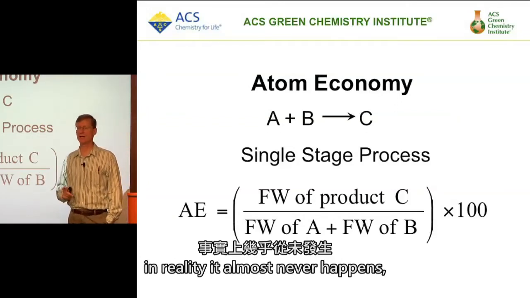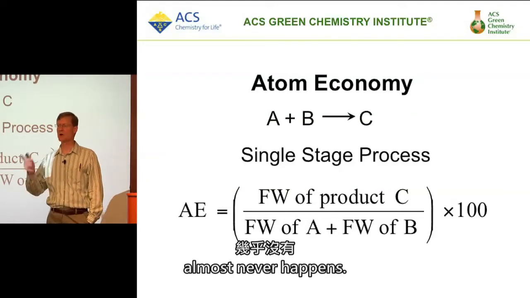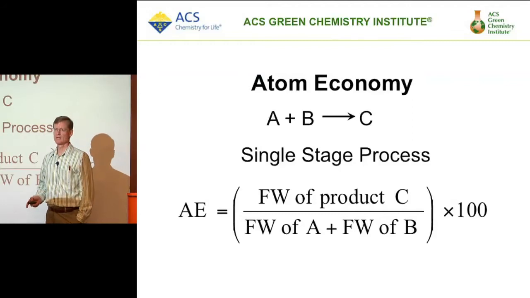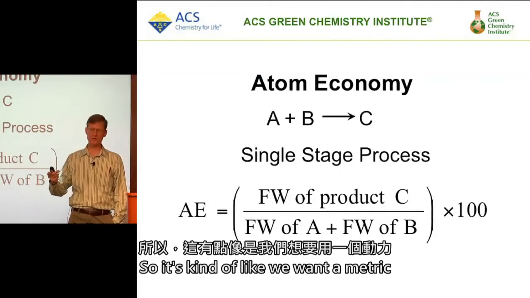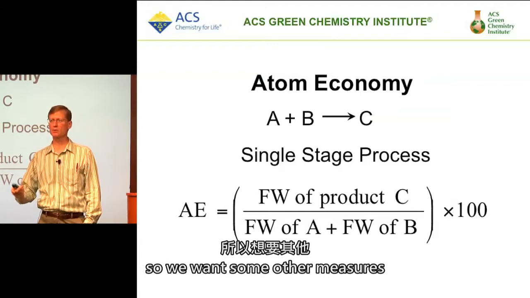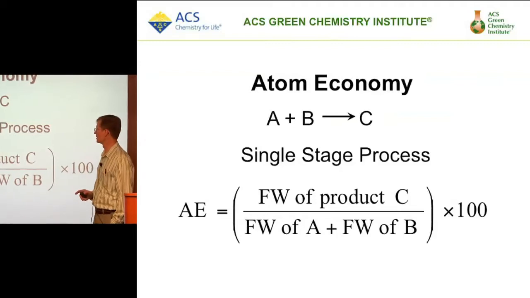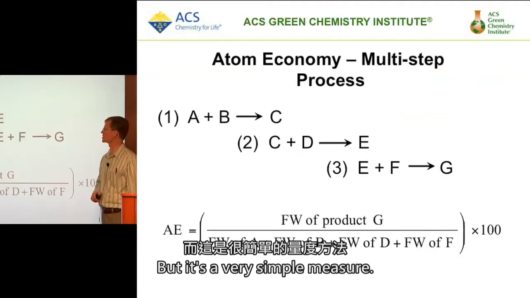In reality, it almost never happens. Almost never. So it's kind of like, do we want a metric that drives us to perfection because we know we can never attain it, or do we want some other measures that actually will help us a little bit more? But it's a very simple measure.